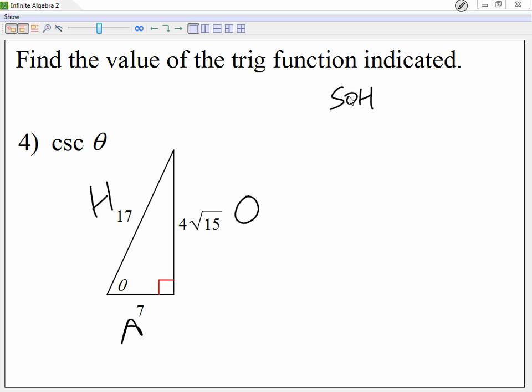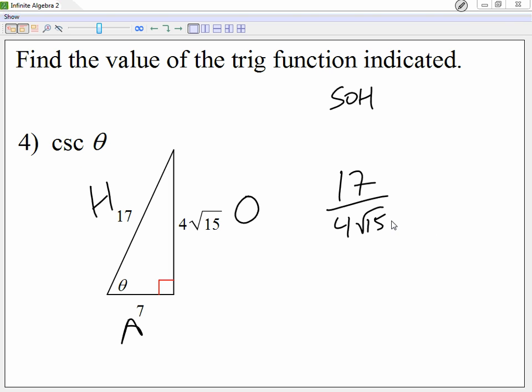So instead of opposite over hypotenuse, I'm going to go hypotenuse over opposite. So let me write this as 17 over 4 radical 15. Hypotenuse over opposite. Remember, cosecant is the reciprocal. So if we flip it, I'm going hypotenuse over opposite.